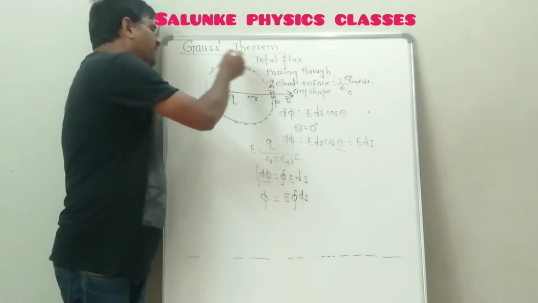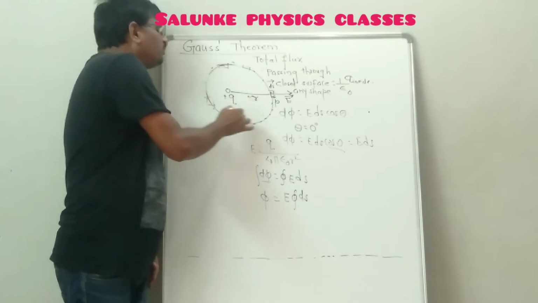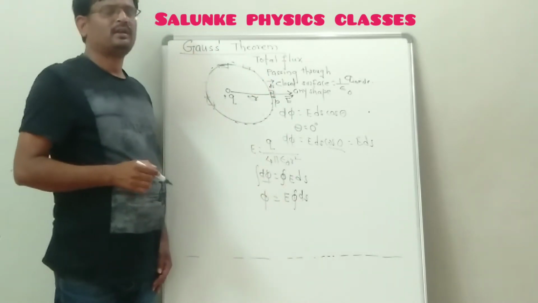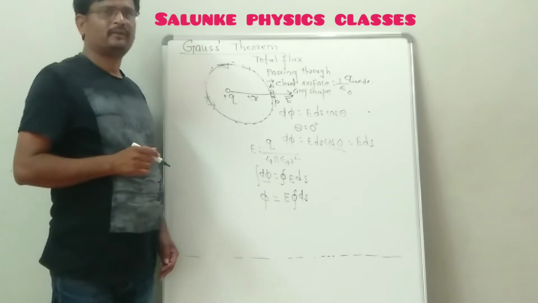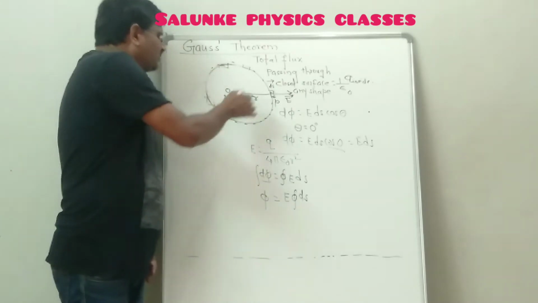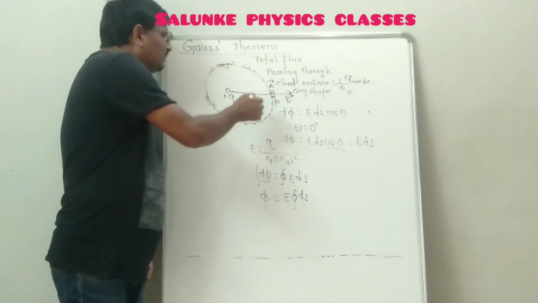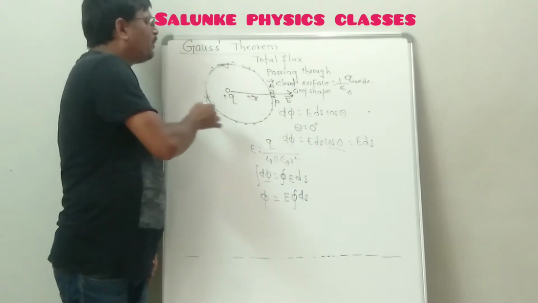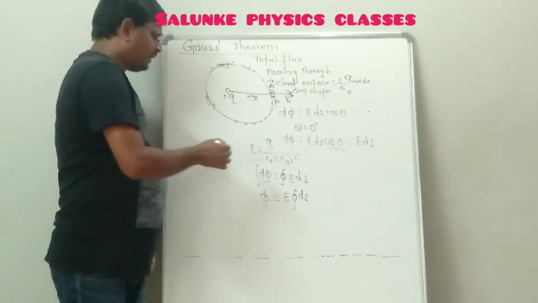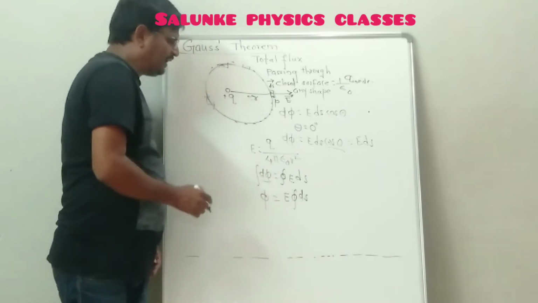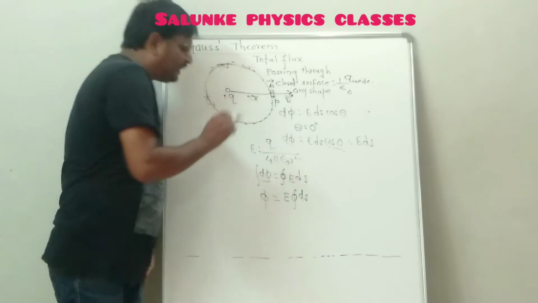This spherical area is divided into many small areas. It is made up of many small areas. Then total flux over the closed surface of sphere, integration of d phi is equal to integration of E ds over the closed surface.